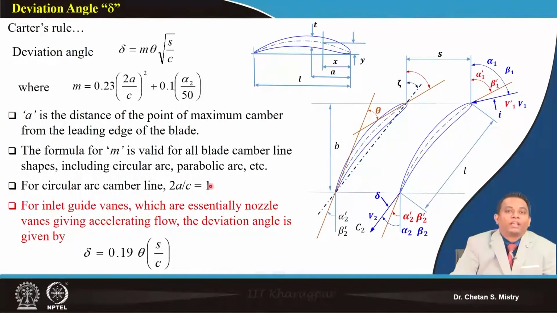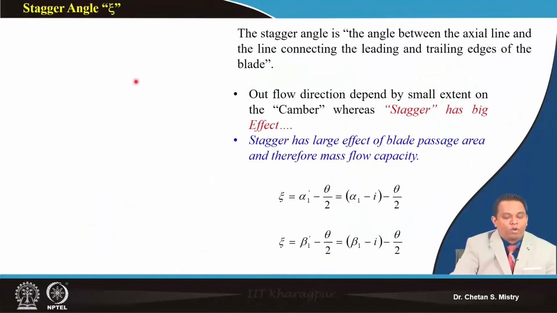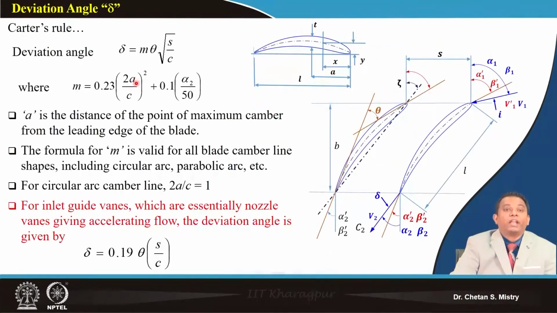We know deviation angle is an inherent property of our aerofoil, so the same logic is applicable for our inlet guide vane also. For inlet guide vanes, the deviation angle is given by 0.19 theta s by c. This gives us an idea about how our deviation angle changes.